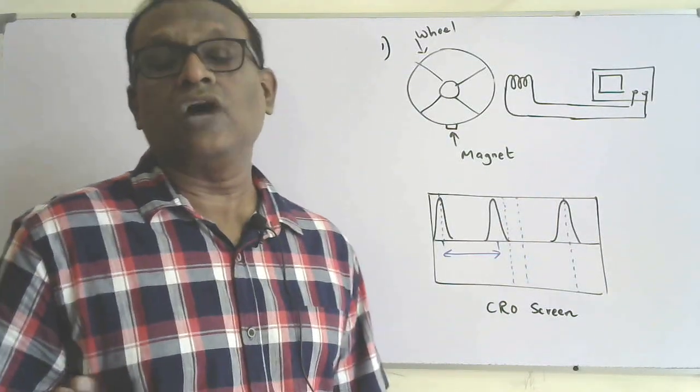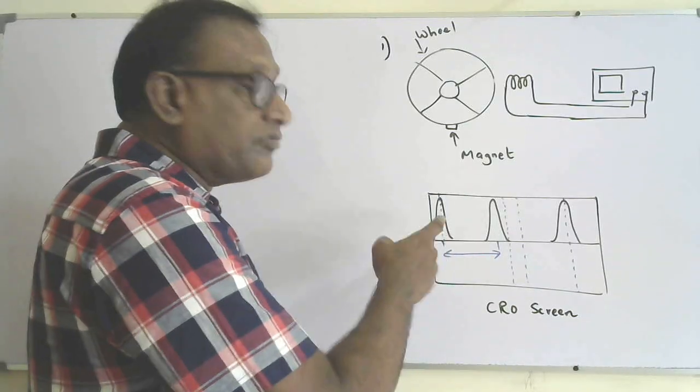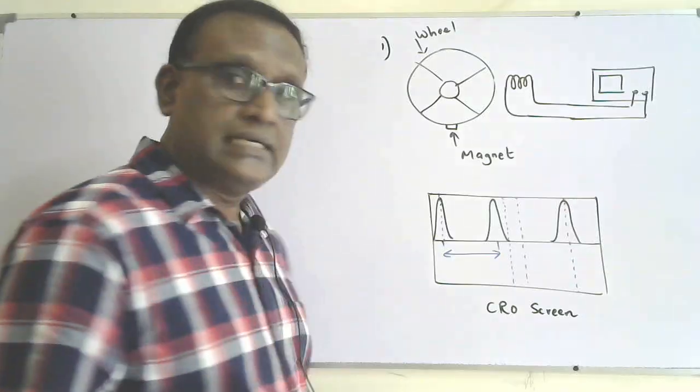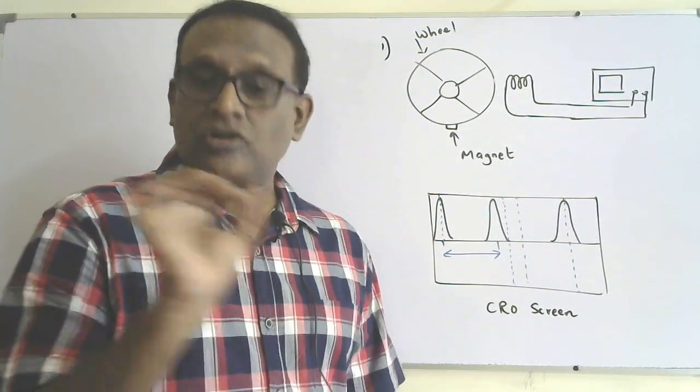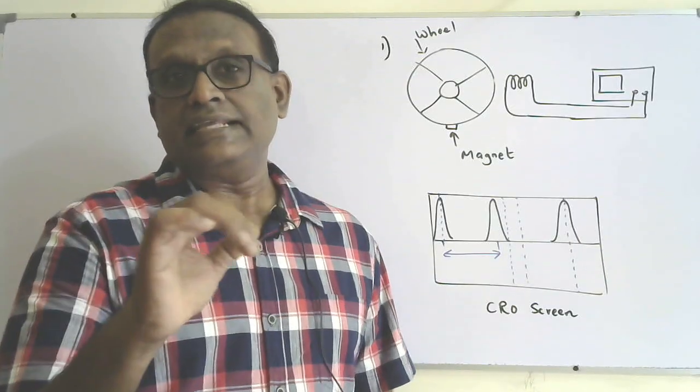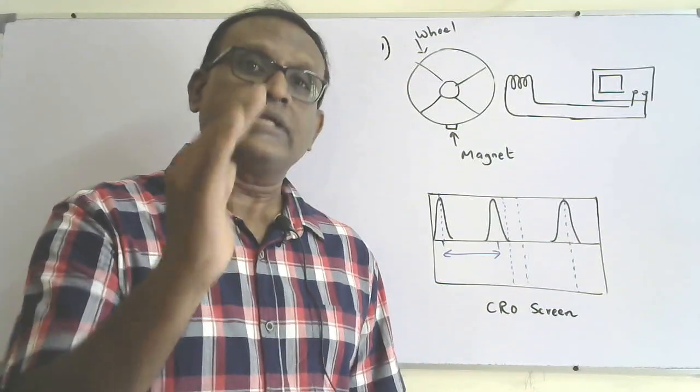The procedure they ask: how will you find it? You can say count the number of divisions between the first and the third pulse, then multiply the number of divisions you counted by the time per division, which is the value where you kept the time knob.